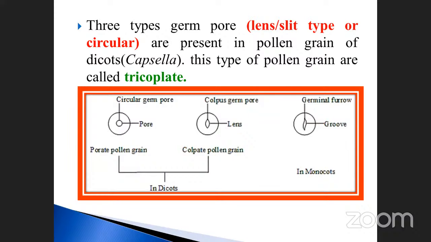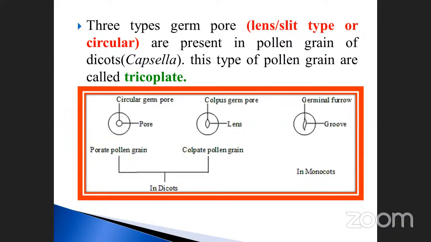That's why it is named a circular germ pore. The second one is like a lens, biconvex or biconcave, called Colpus germ pore. And the third one is called a germinal furrow, just like a groove. A groove is nothing but a small depression. So this is called a germinal furrow.